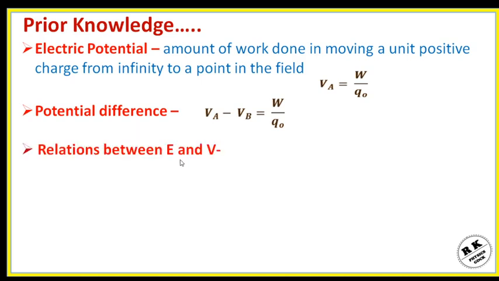Next, let us see the relations between electric field intensity and the potential. These are very much useful in our derivations. First one is the integral form. Here it is expressed as the electric potential V is equal to minus integral E dot dl.